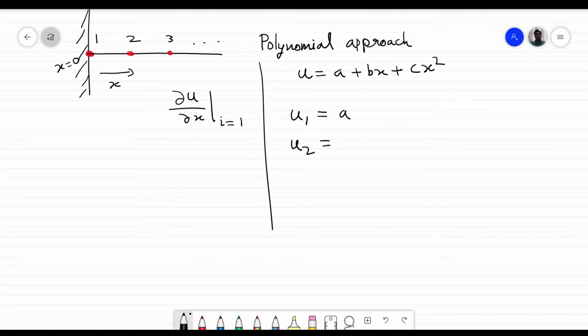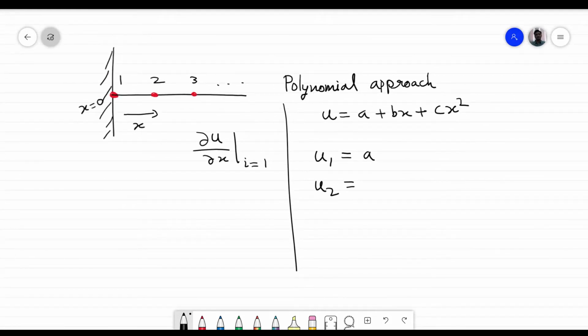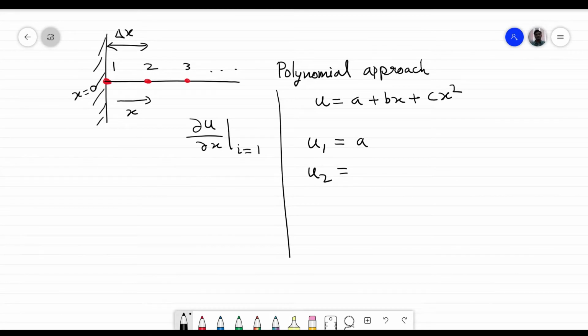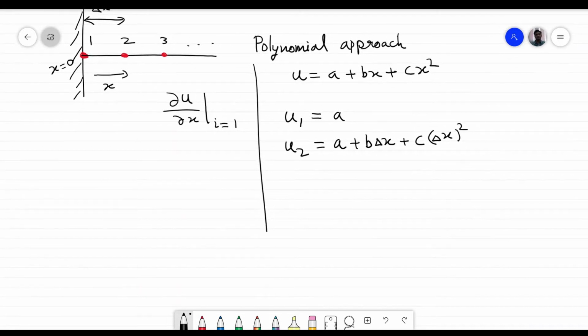U at 2, what is x at I equal to 2? If we assume that this grid is equidistant, this is delta x, then we can write a plus b delta x plus c delta x square. Similarly, let us write u at 3 because we need 3 equations for these 3 unknowns a, b and c.